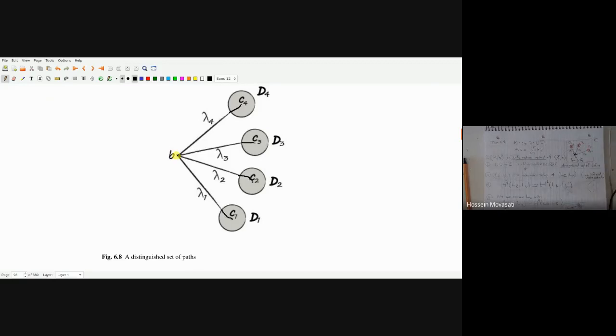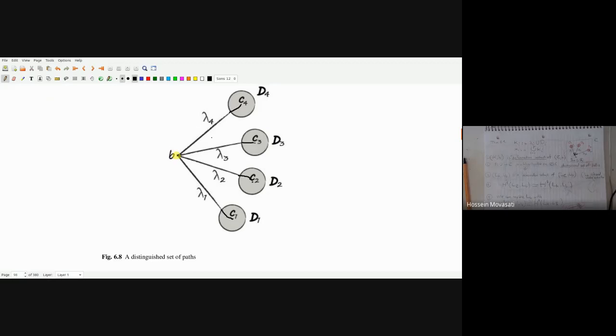Okay, and moreover, we produce small disks, very small disks of radius epsilon, let's say, around each Ci. So small disks D1, D2, D3, and D4. And for simplicity, just suppose that everything is closed. I mean, all disks are closed, and these lambda i's are also closed, so they contain the end and the starting point.